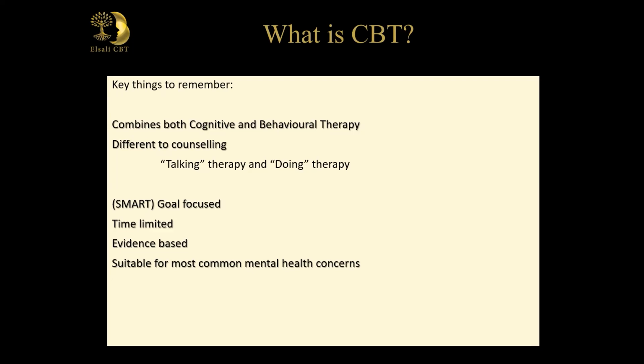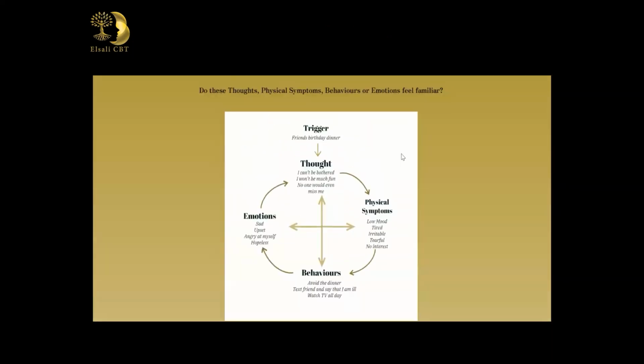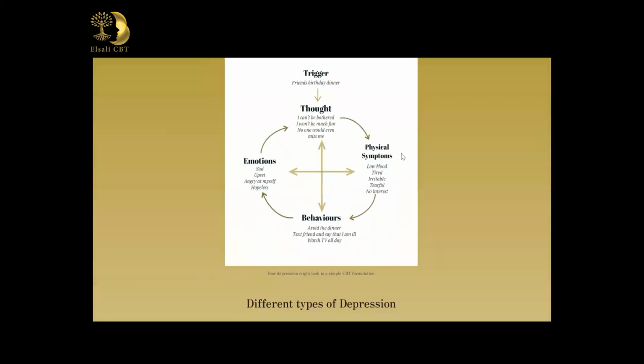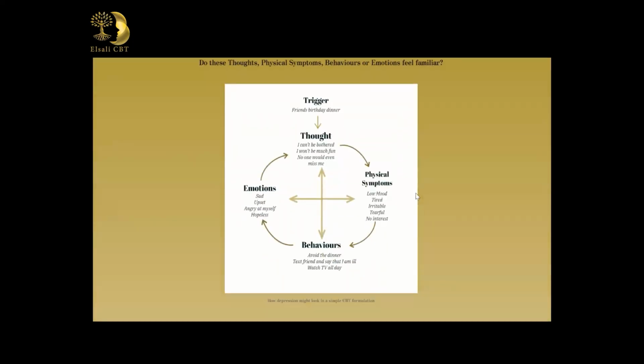So let's jump in and have a look now at the basic formulation. If you've been playing around in the website, you may have seen a 5 areas model. It has been on our overview pages, and it's just to give you a bit of an understanding as to how any situation or event can trigger the thoughts, physical symptoms, behaviours, or emotions associated with whatever difficulty you're experiencing.